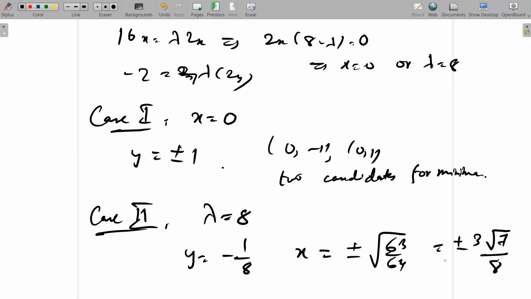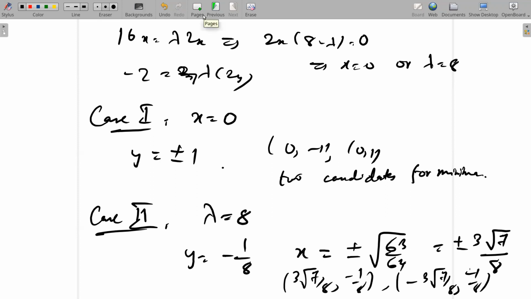So from here also I get two candidates: 3 square root 7 over 8, minus 1 over 8, or minus 3 square root 7 over 8, minus 1 over 8. So we have 4 possible candidates, and these will contain all the maxima and the minima. Then you just evaluate the objective function, 8x squared minus 2y, on all these 4 candidates, and whichever gives the smallest value will be the global minimum. That's it.